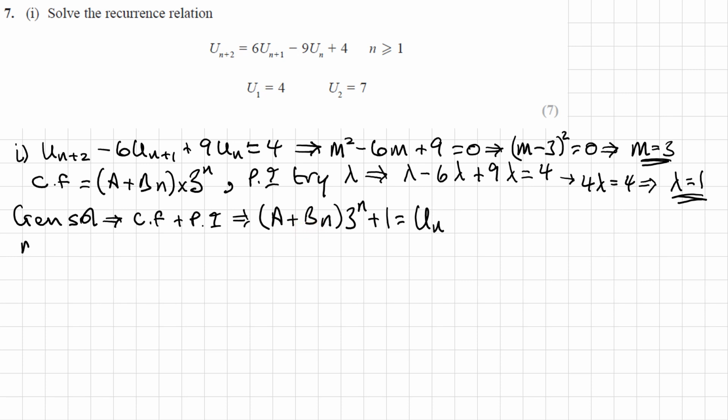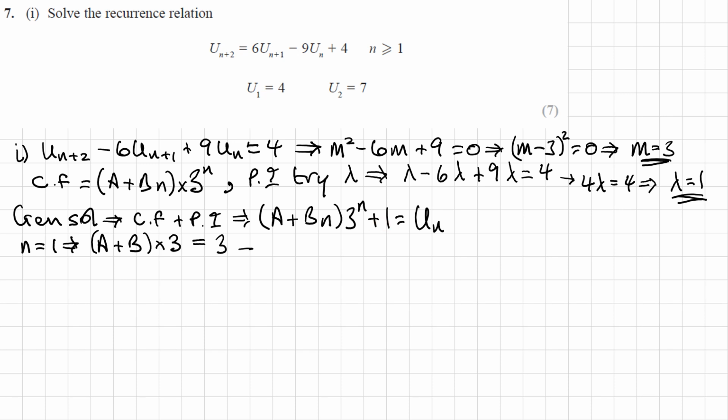Now we want to find our particular solution by finding the value of the arbitrary constants. So we'll start with n is equal to 1, and we'll substitute that in here. So we'll have a plus b, and that's all times by 3 to the power 1, so times by 3, is equal to, and I'm going to move the 1 across, so u1, that's 4, and then 4 minus 1 is 3.